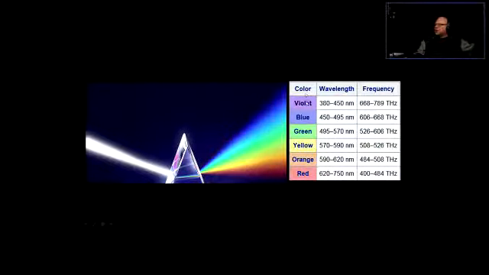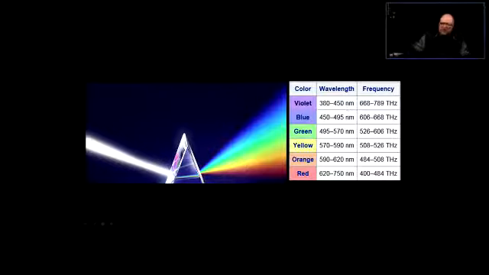So we distinguish light by the colors, and here will be the wavelengths. The violet would be somewhere between 380 and 450 nanometers.